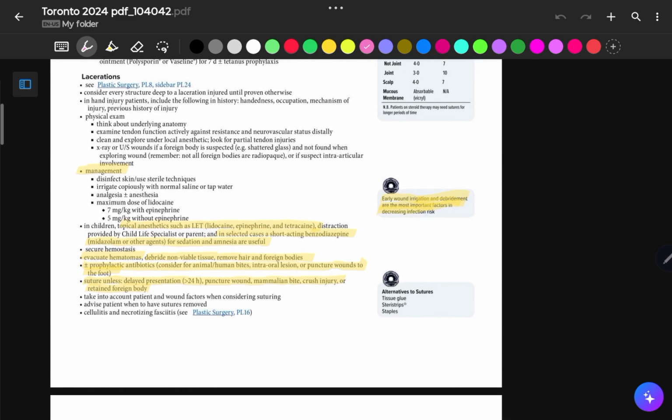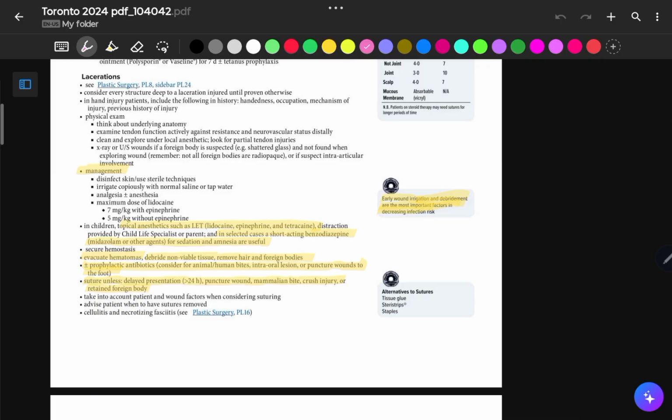Before you actually start with the management of the laceration, try and secure hemostasis. You need to evacuate any hematomas, so any blood that has coagulated inside the laceration, evacuate all of it.